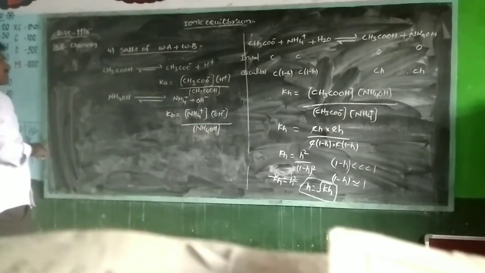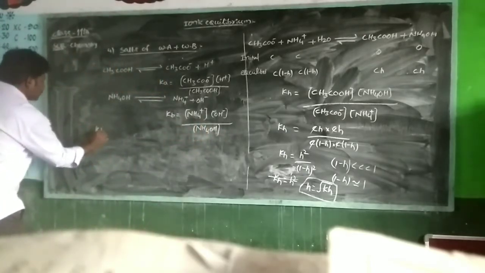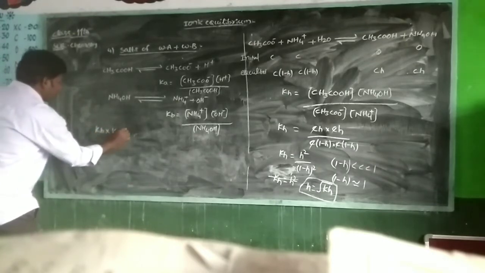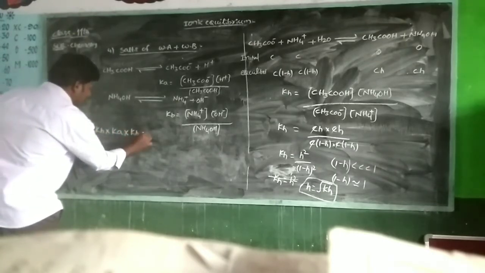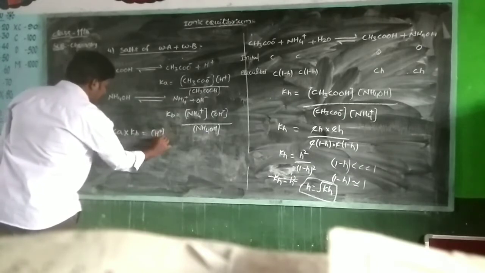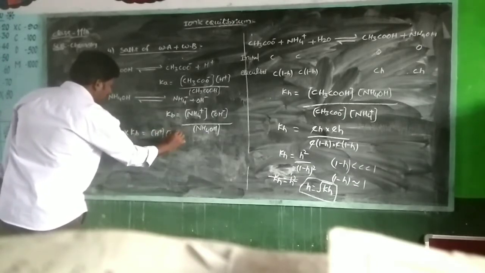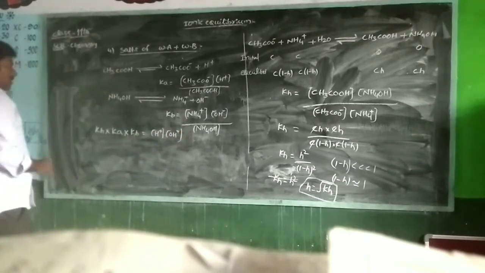Okay, KH into Ka into Kb is equal to what? The H plus concentration and the OH minus concentration. How to prove this one?